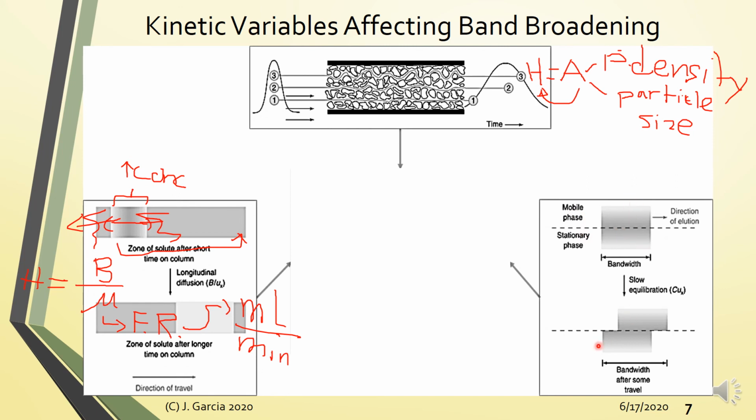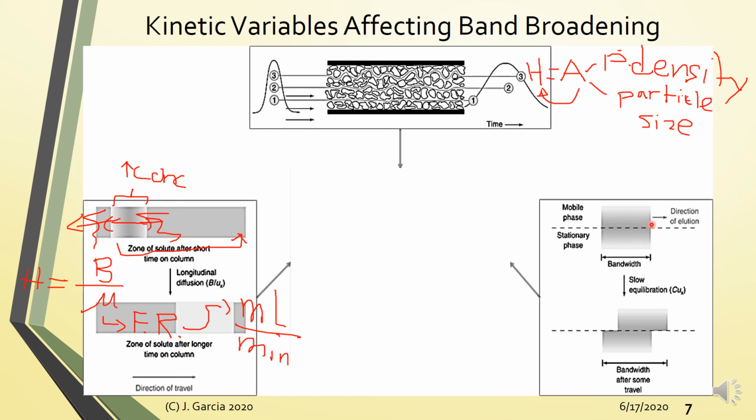Now, if the flow rate is low, or slow, you are allowing your analyte from the stationary phase to diffuse back to the mobile phase. So you're giving it enough time to go back and forth.